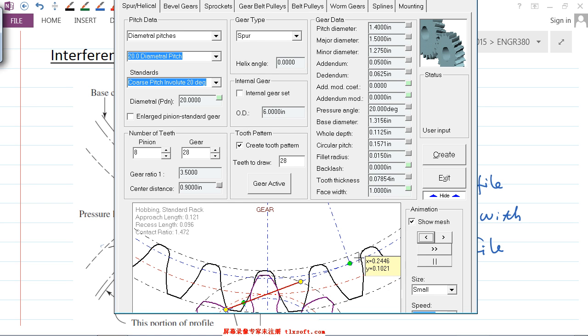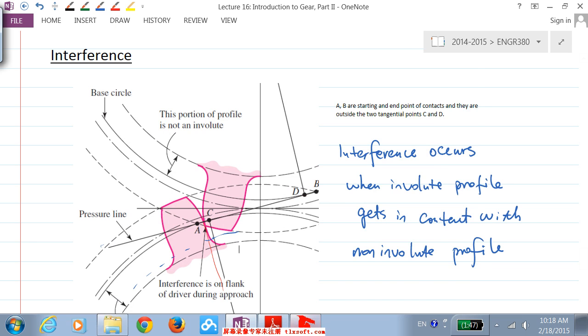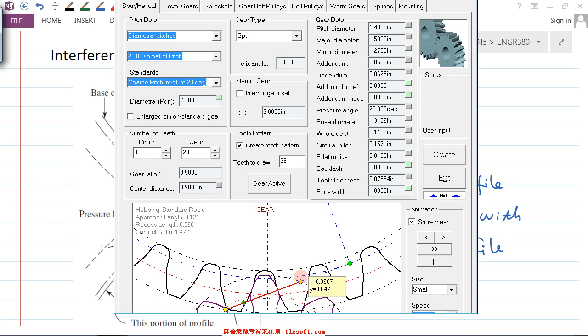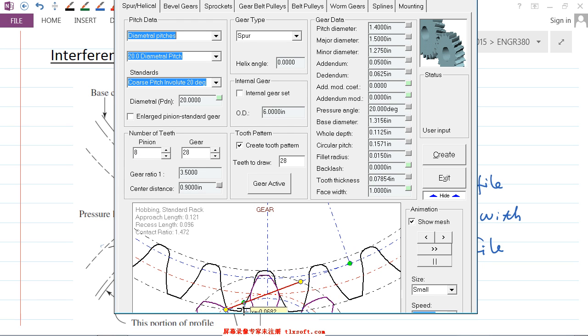The two green dots are these C and D. Remember what we want: we want A and B within C and D. So basically we want the two yellow dots to be within the two green dots. I wish this was bigger. But if I reduce the pinion number of teeth, look at the yellow dot at the bottom here. It started to be outside the green dots now, and that's when you have this interference.